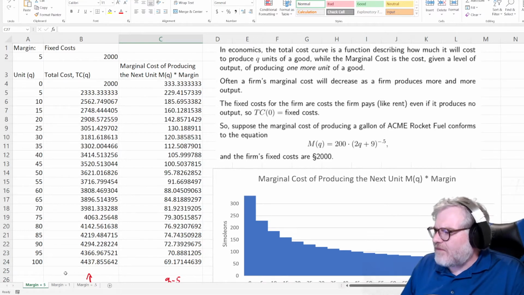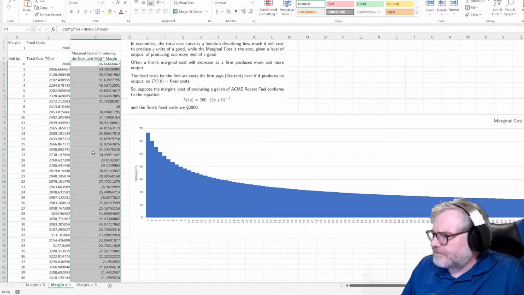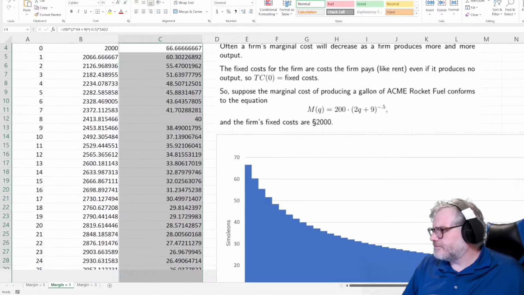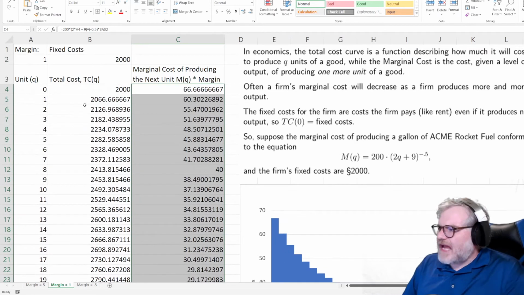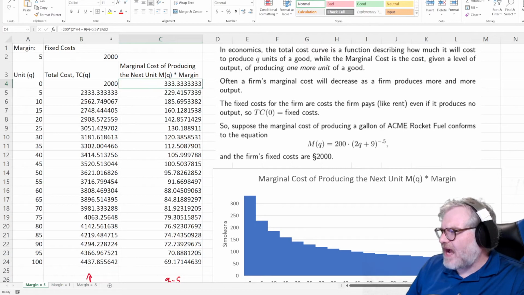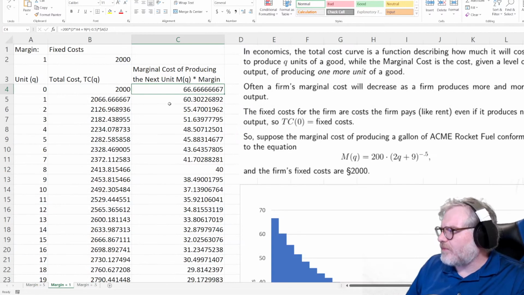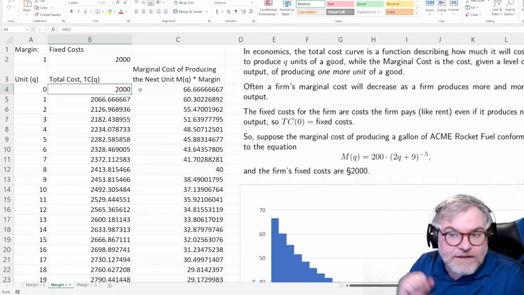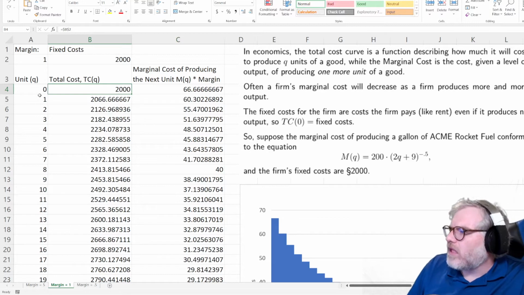Well, what happens if I take a margin of 1? If I take a margin of 1, this gets kind of large. But I can do the exact same formula with a margin of 1. So instead of multiplying this by 5, which is how I got there, I'm going to multiply this by 1 each time. And my margin of 1, so I'm pricing by the gallon of rocket fuel, right?